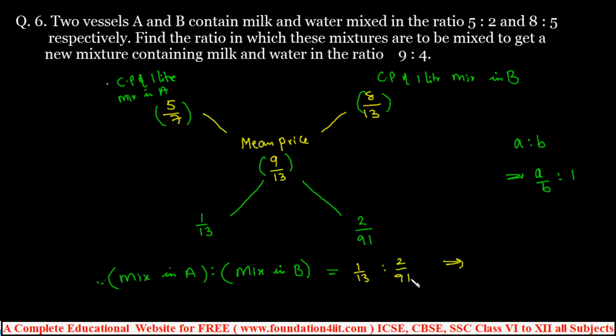Okay, cancel and calculate this. 13 ones are 13, 13 sevens are 91. So 1 is to 2 by 7. A is to B, we can write, so this is 7 is to 2. So in the 7 is to 2 ratio we need to mix the vessels A and B containing milk. A and B vessels, you should mix in the ratio 7 is to 2.